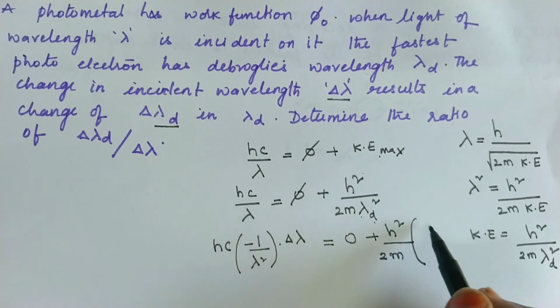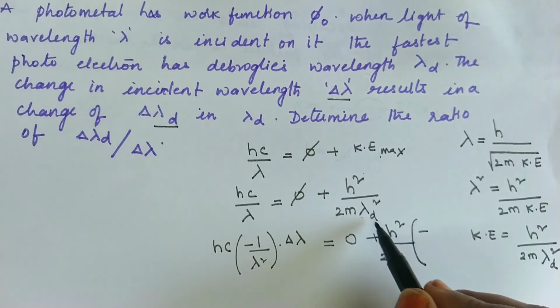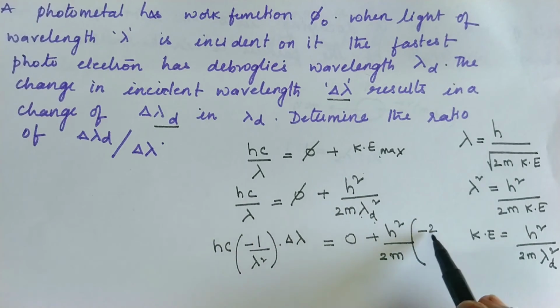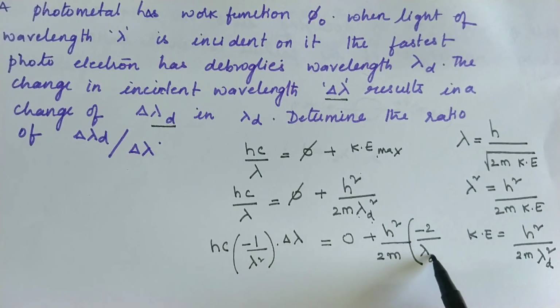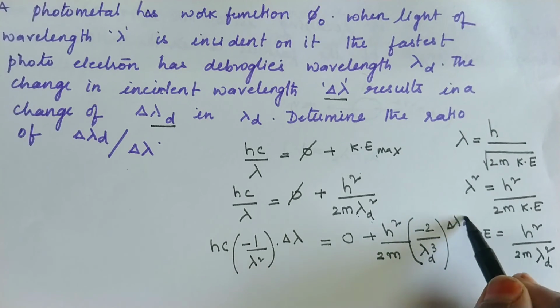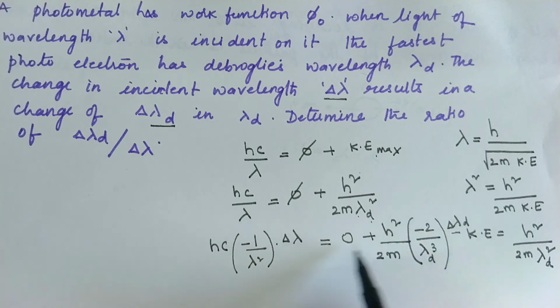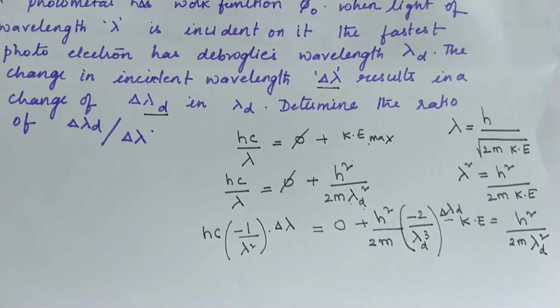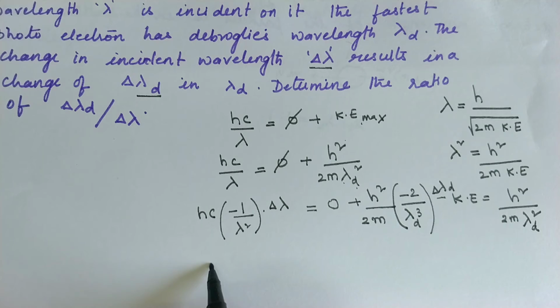The differential of 1 by lambda d square, what will it be? Lambda d whole to the power minus 2, it is minus 2 by lambda d cube into delta lambda d. Since we need the ratio between delta lambda d and delta lambda, simplify this relation.